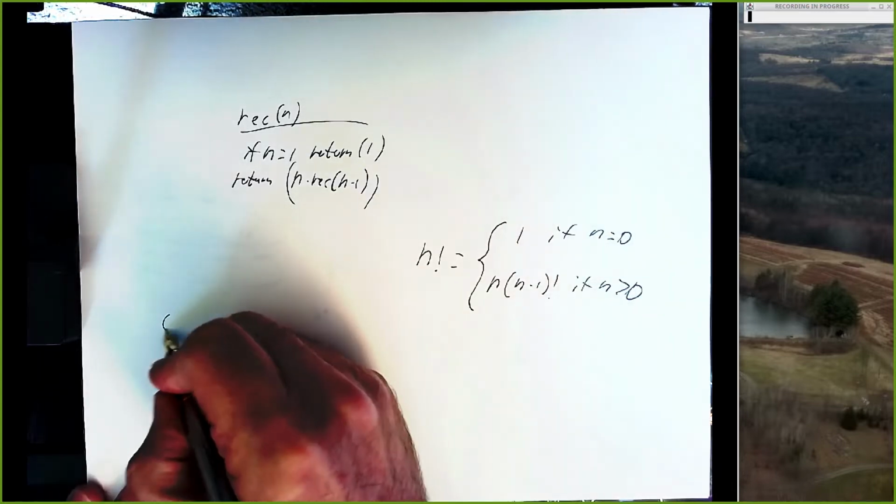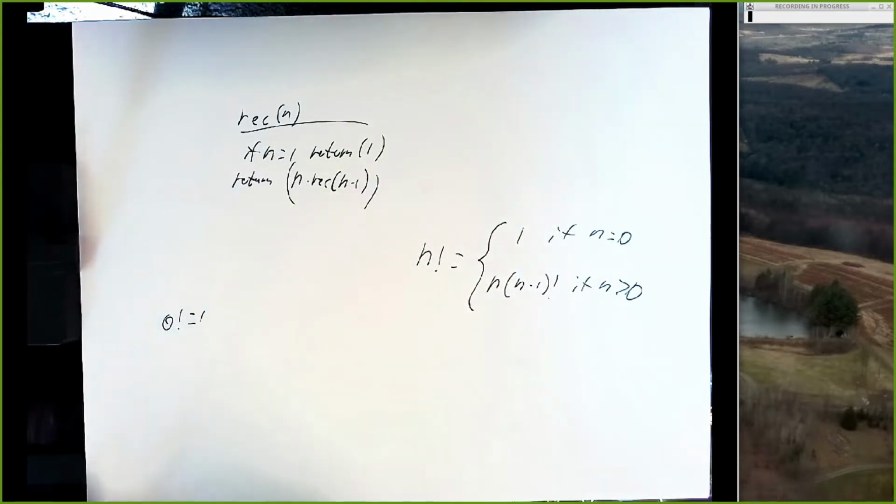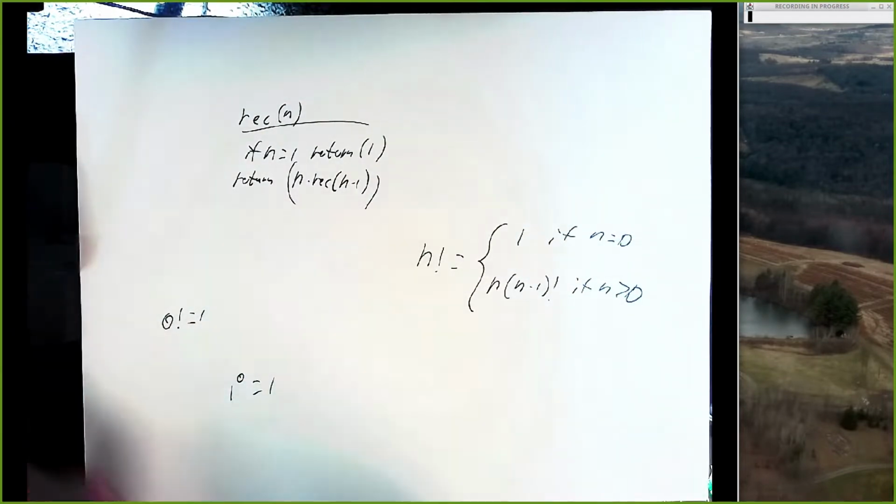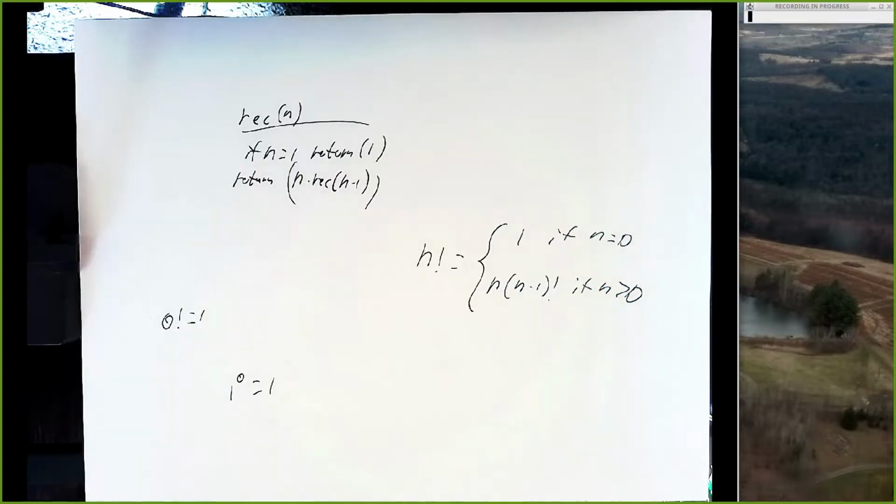Have we talked about why 0 factorial is equal to 1? Like why multiplying nothing gets you 1? We've talked about it briefly, but I understand why. It's a little bit like 1 to the 0 is equal to 1.